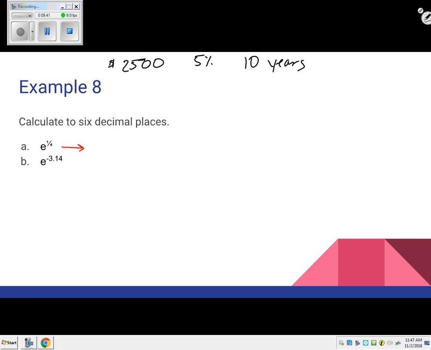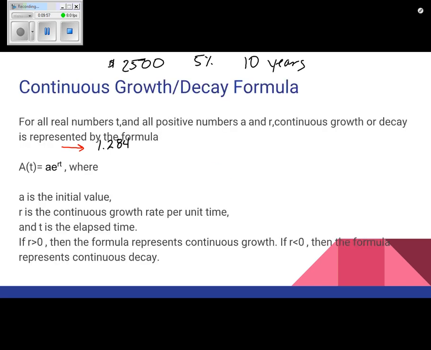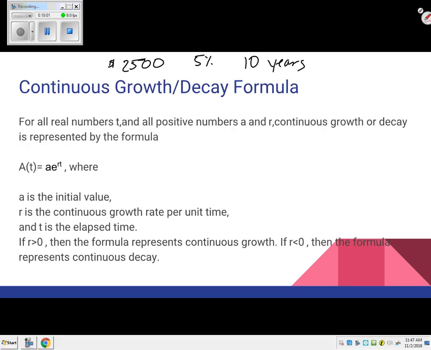So I hit the 1/4, and I get 1.284. I'll just leave it to 3 decimal places like we did in yesterday's video. Now this number e, we can use it as my growth, not my growth factor, but rather just my natural base is what it's called.